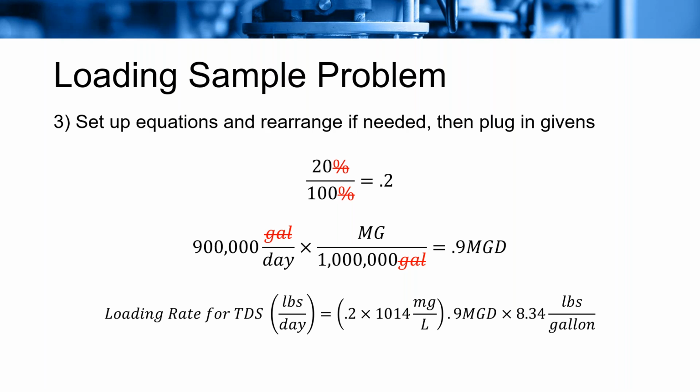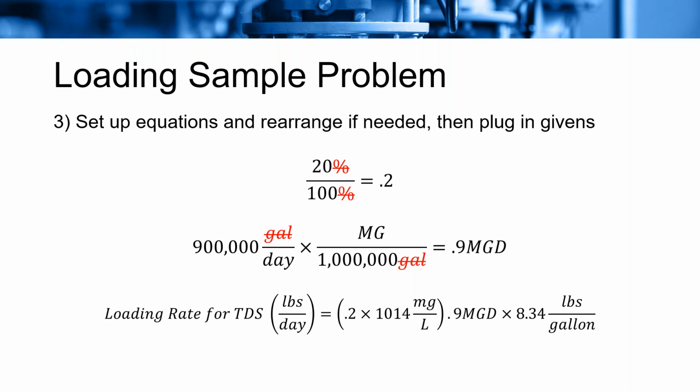So what we do is we first need to figure out what 20% is going to mean to our problem. The way we do that is we divide 20% by 100%, and that equals 0.2. So we know that the concentration for our TSS, and I wrote TDS, but that should be TSS, my apologies, should be 0.2 of the total solids.